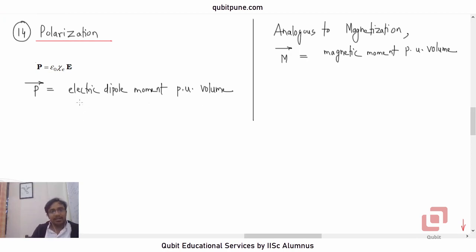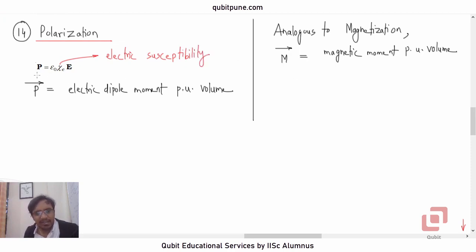And it is related to epsilon naught, that's permittivity of free space, and what is this? This is electric susceptibility. Okay, we have magnetic susceptibility here.